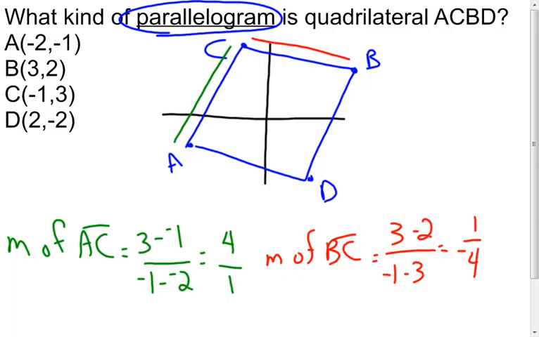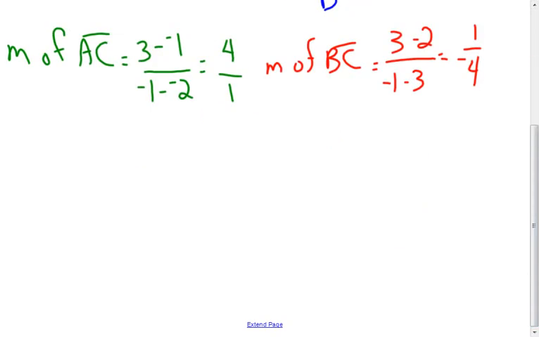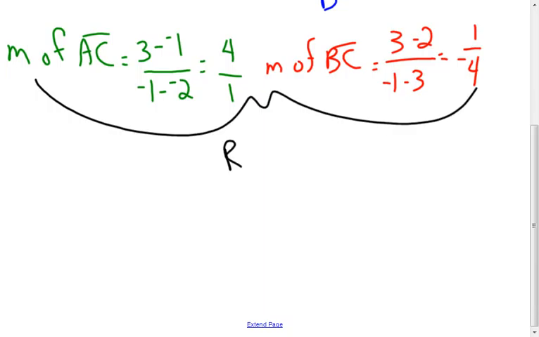This one has a slope of negative 1/4. This one had a slope of 4. Therefore, I have a right angle right there. And remember, if one angle is right in a parallelogram, then they're all right. So right now, I know that I have a rectangle. This much information right here says rectangle.